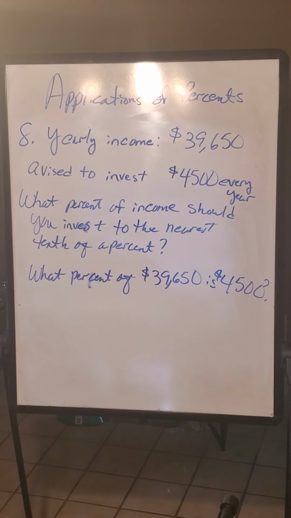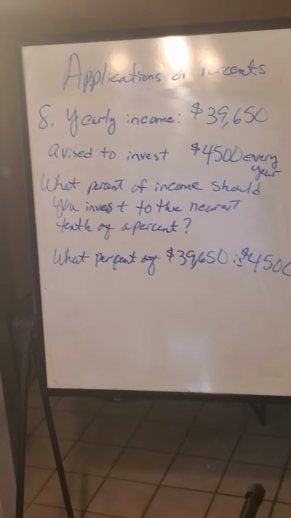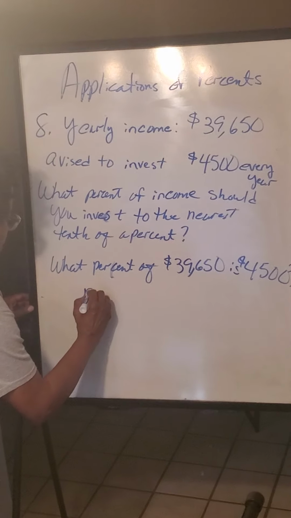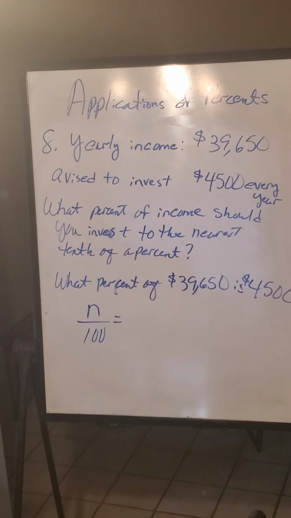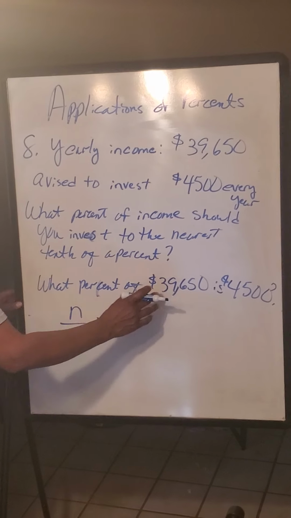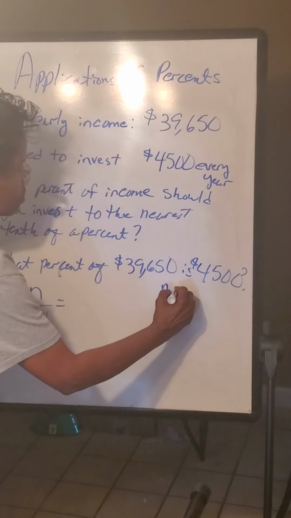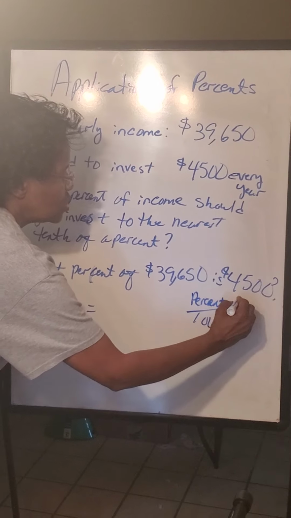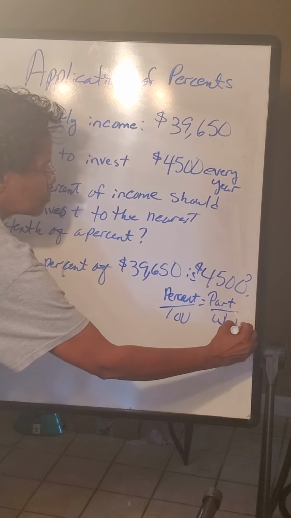So let's write a proportion. You have been taught how to write a percent proportion. So my percent is unknown to me. So I'm going to put a variable over 100 is equal to, then remember, let me go back and refresh your memory. Percent over 100 is equal to the part over the whole.